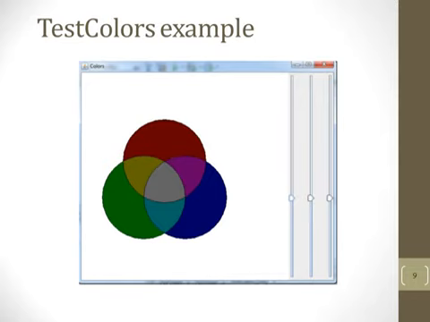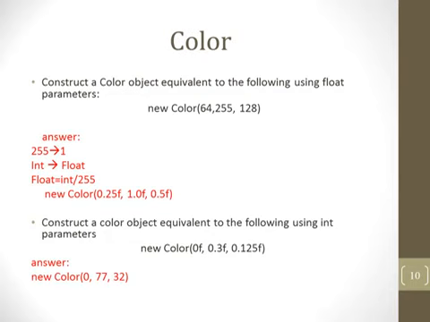Now in the reverse, construct a color object equivalent to the following using int parameters: 0, 0.3, 0.125. Here we have the float values, so we should calculate the int value. Then int equals float times 255. Each value we should multiply by 255. 0 multiplied by 255 will give 0. 0.3 multiplied by 255 will give 76 point something.